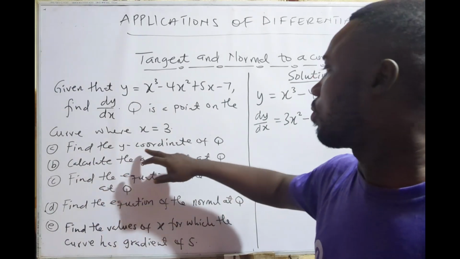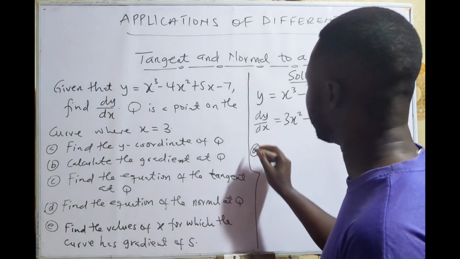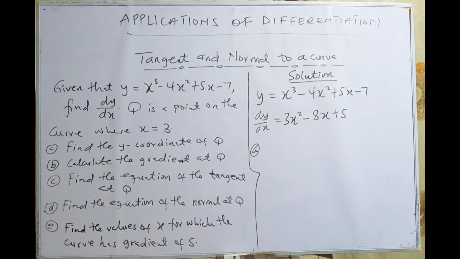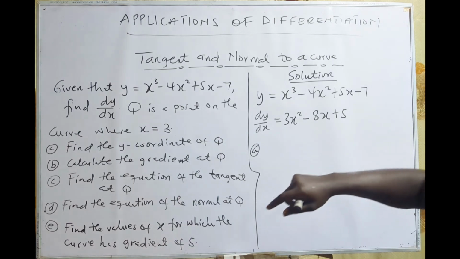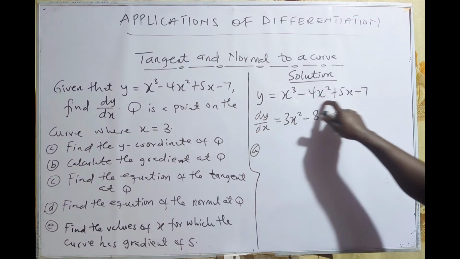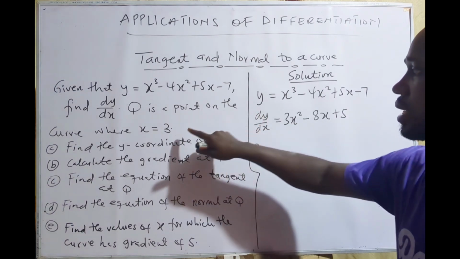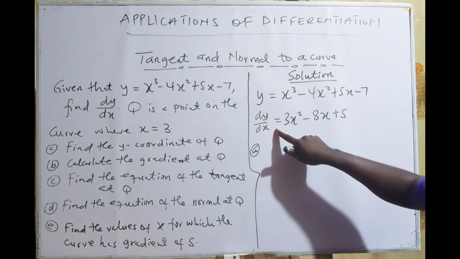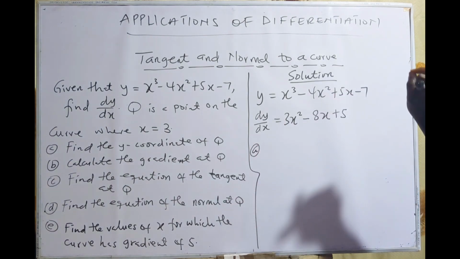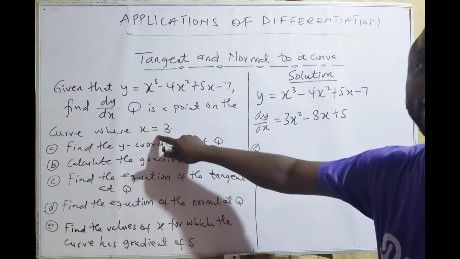And it says we should find the y coordinate of Q. So if there is a point on the curve where x is 3 and we are looking for the y coordinate, then we substitute the 3 into the main function, not the gradient function. If you put the 3 into the differentiation, you get the gradient at where x is equal to 3.